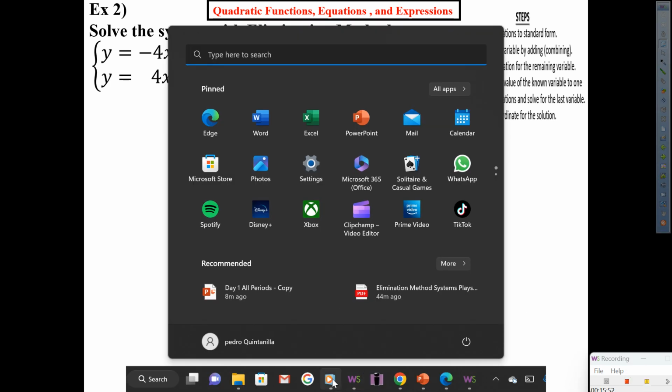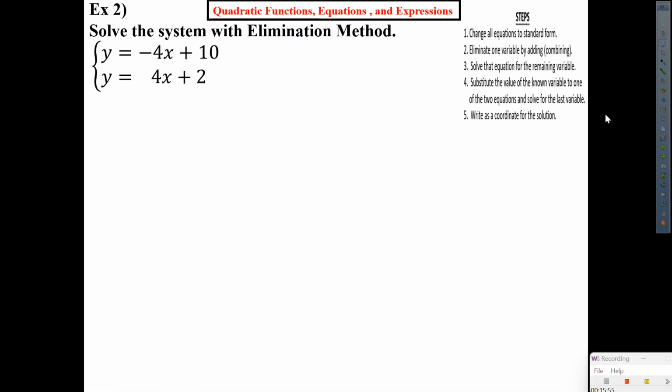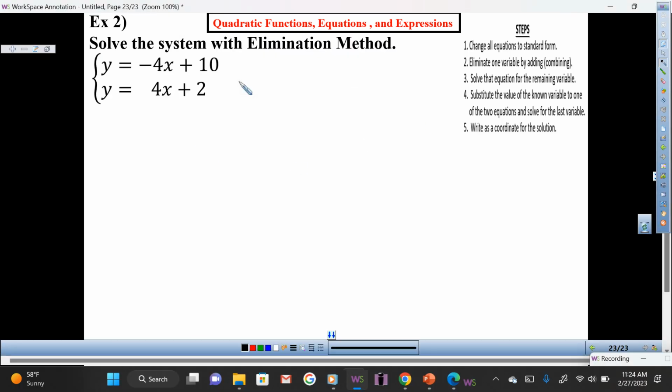All right. So, are they in standard form? No. So what do I do to get started? JP, what did you do for the top one?